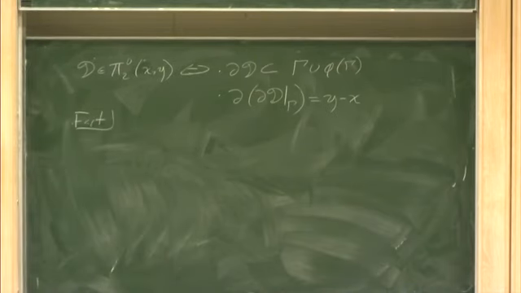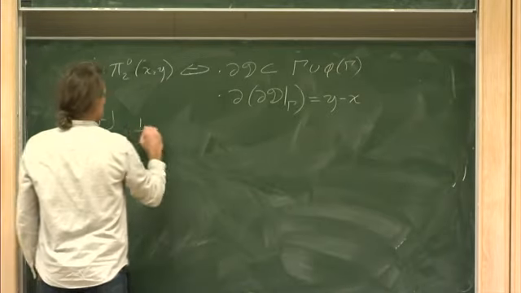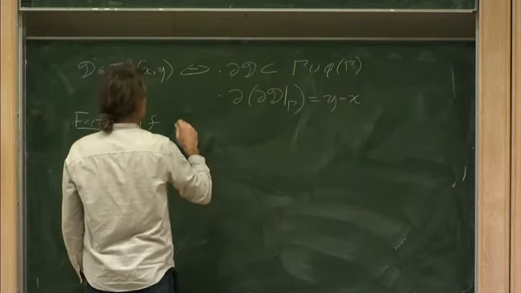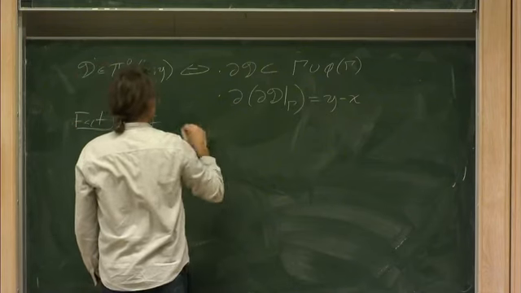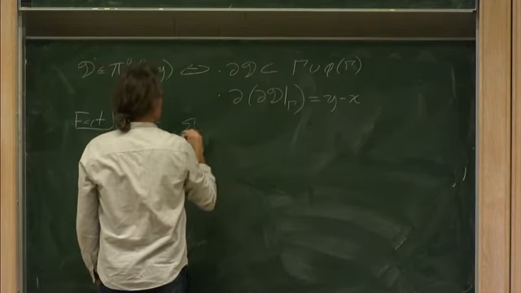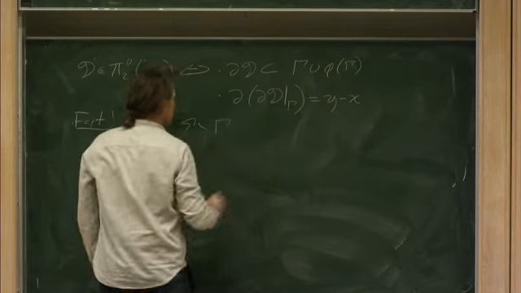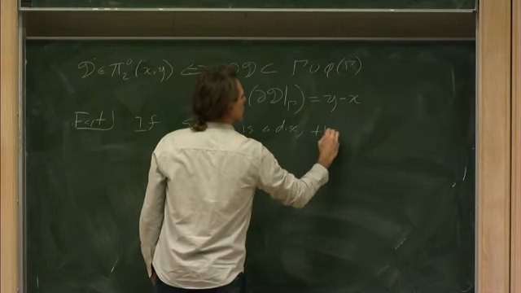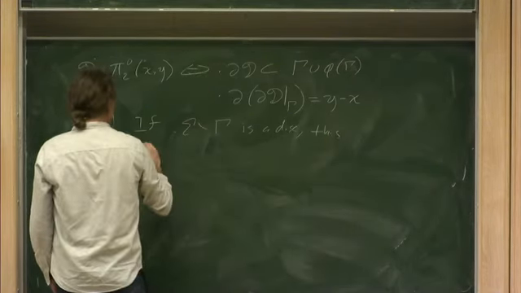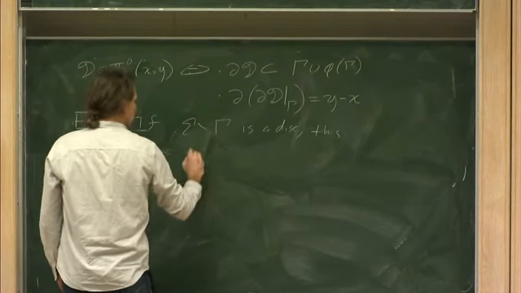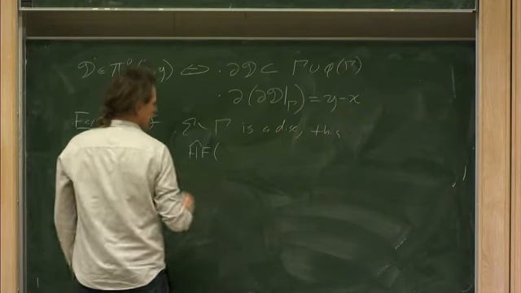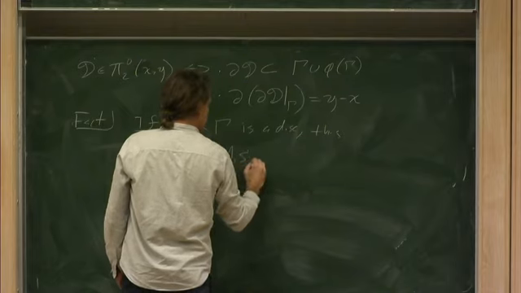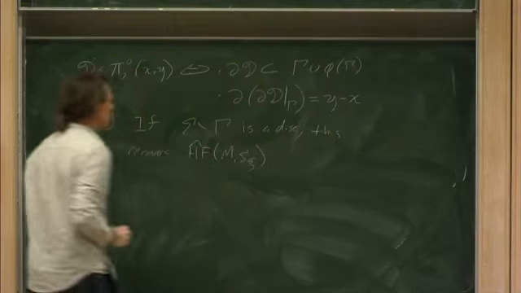If you've chosen your gamma such that it cuts D into not D, sigma into a disk, so if sigma cut out gamma is a disk, what I've done recovers HF hat of M with this spin C structure that I had mentioned earlier.